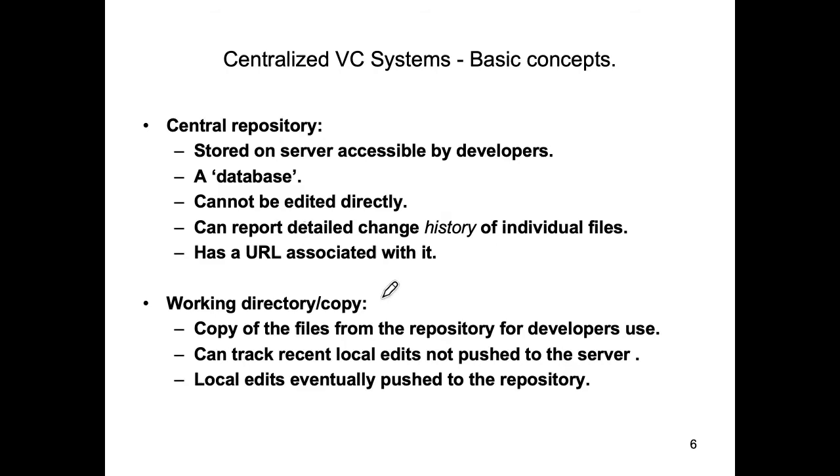What an individual can also do is keep track of what edits they have carried out on their working copy, and that can be useful if you're editing multiple files in one session and you want to step back and recall what edits you have actually carried out on the various files in your working directory. Well, the version control software can tell you that quite easily, rather than you trying to work it out for yourself.